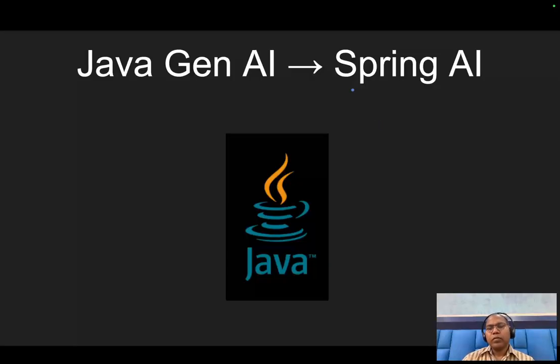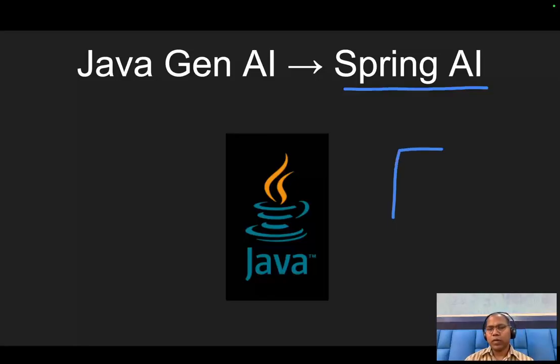Today we are going to study Spring AI again, and the goal of today's session is to understand how our application communicates to the Gen AI model, and we know a Gen AI model is a kind of stateless.